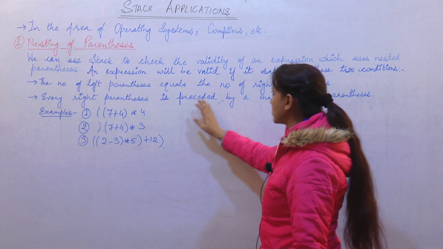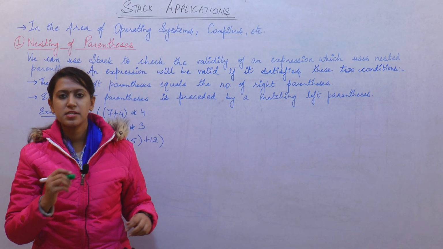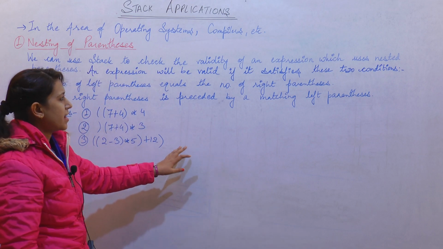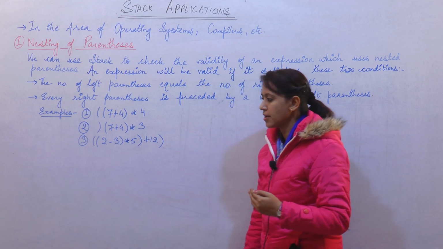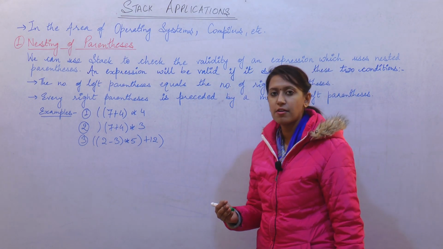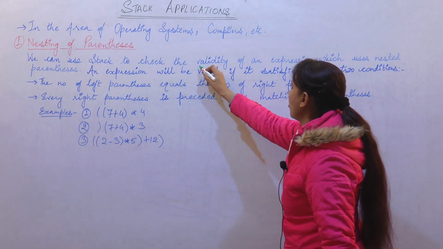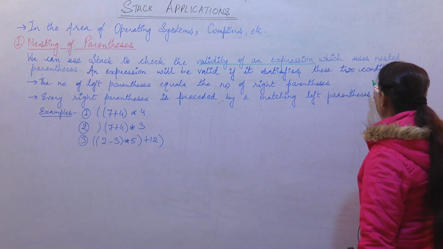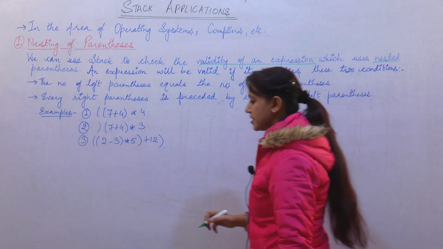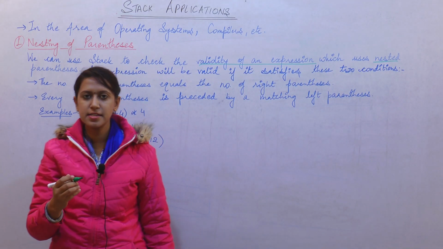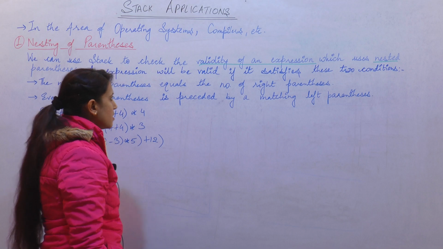We use stack to check the validity of an expression. That is, if we have any expression written in our program, we will check the validity of that expression through stack, and that validity is used for the nested parentheses, that is, the equation written within the parentheses.